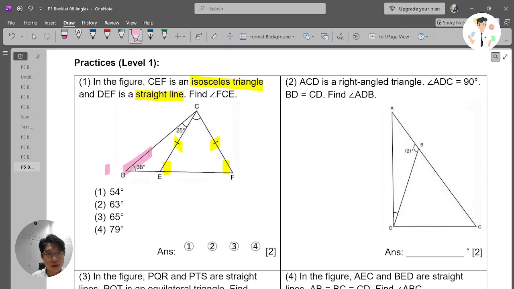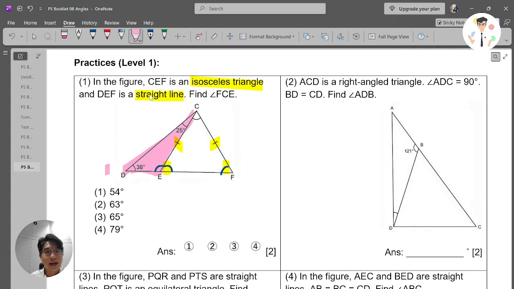This is a triangle. And in a triangle, the total angle inside is 180, and you can find out what's the angle here, here, here, here, and here. So again, whatever you learn from angles at a point, you should bring it in here and combine it with the knowledge here. Okay?